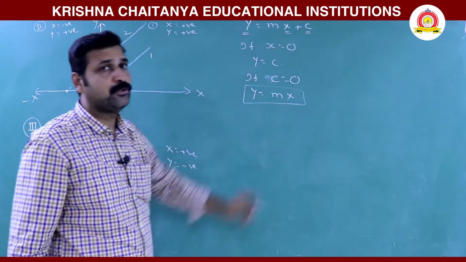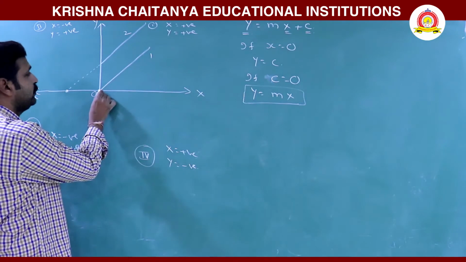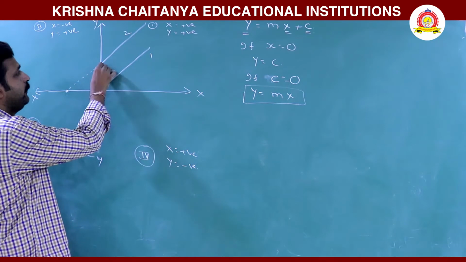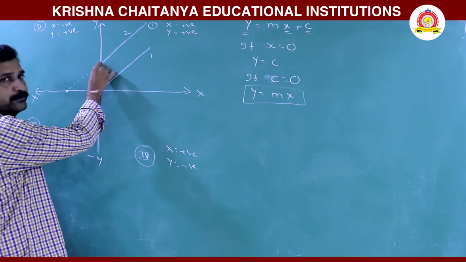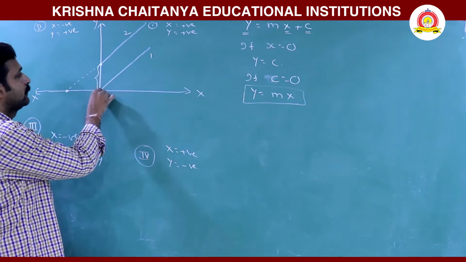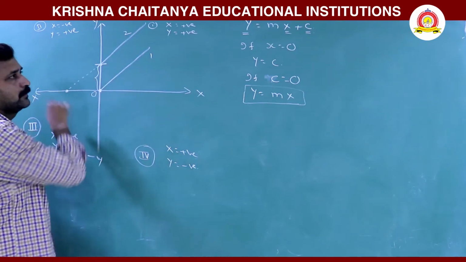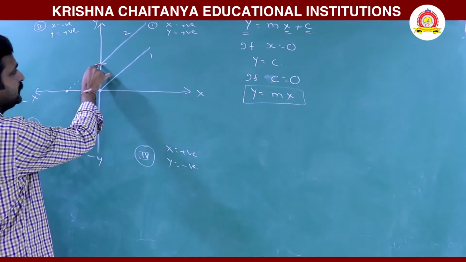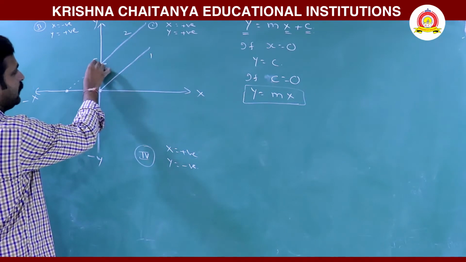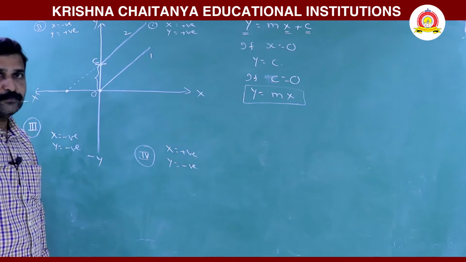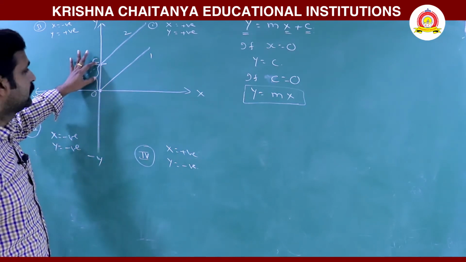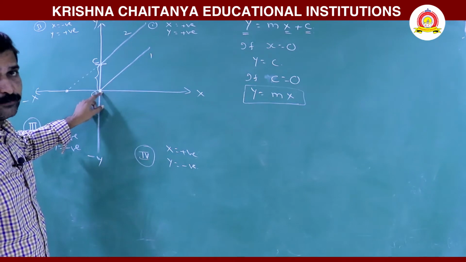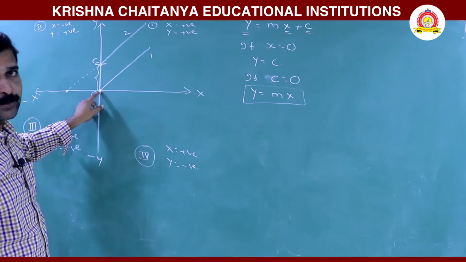If x is 0, now here this is x is 0, their y value, this is y, right? So, when x is 0, the y-intercept at this point is called C. And here the y-intercept is 0, that means C is 0.